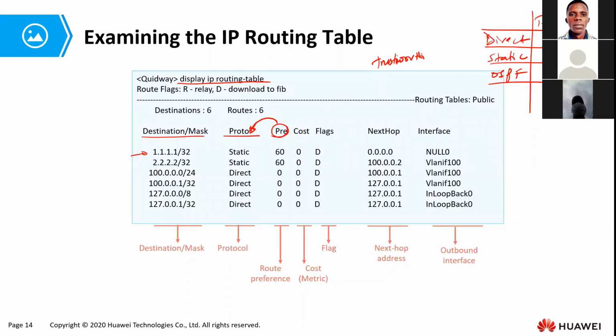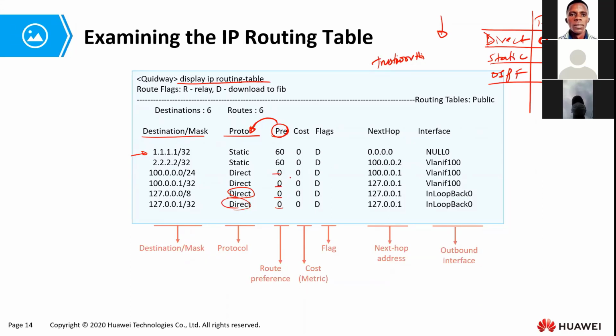For direct, eNSP attaches a preference of 0. The lower, the more trustworthy. So for direct, we trust it 100% because it is directly attached to what? To us. So you can see the preference of direct routes is what? It is 0. Are we together?